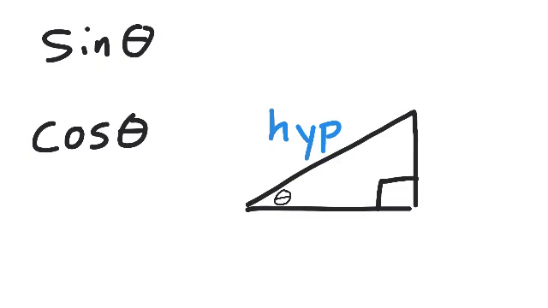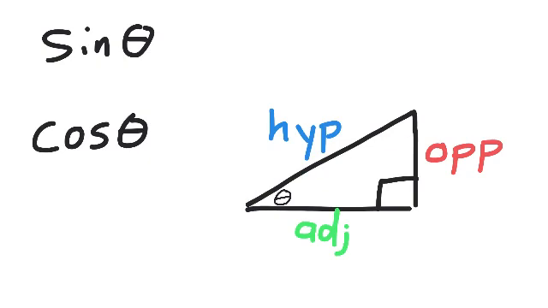Does anybody remember what name we give those two sides? Opposite and adjacent. The one that is across from the angle is called the opposite leg. So we'll abbreviate that OPP for opposite. The leg that is touching the angle is the adjacent side. So you see the way I labeled it.